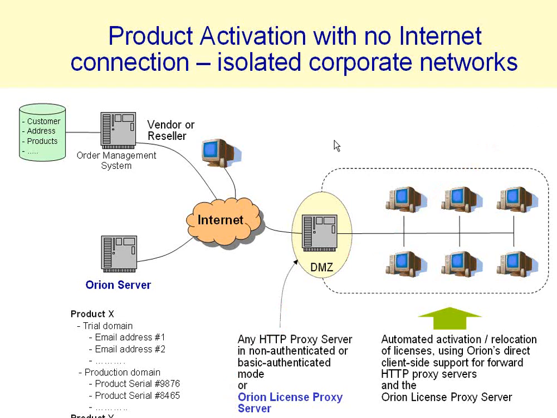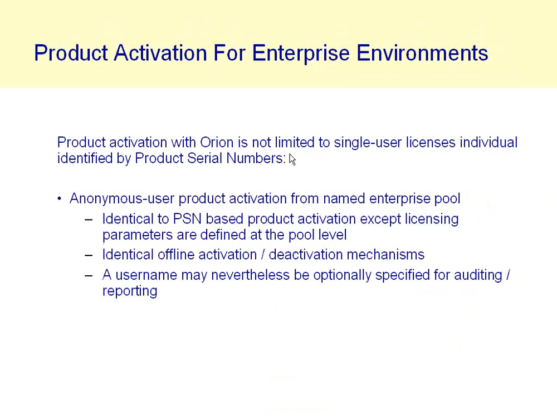Now, a couple of other things I mentioned in terms of product activation. What we've been talking about so far is activation where you have a one-to-one, this product serial number corresponds to that license, one-to-one. Orion also supports what we call anonymous user product activation. In this case, instead of having a one-to-one, you can have a pool of licenses.